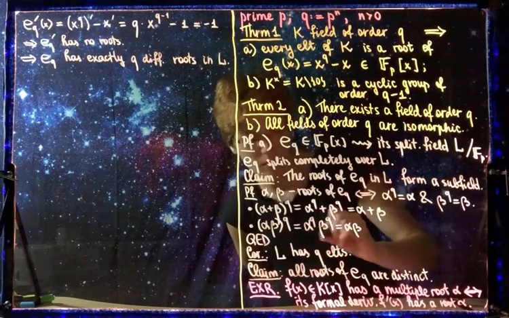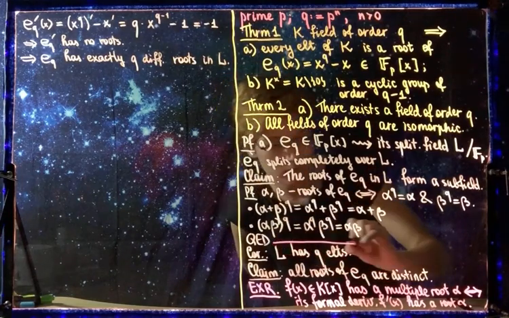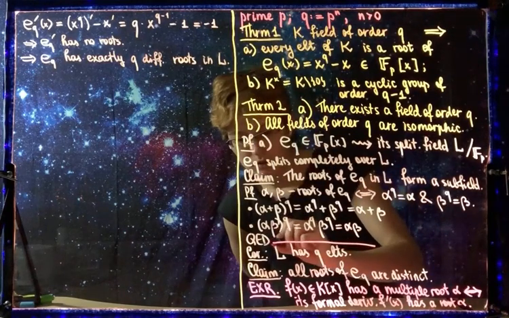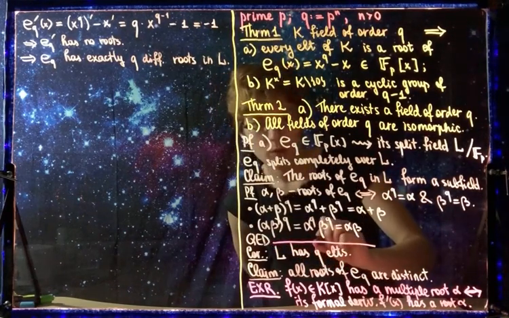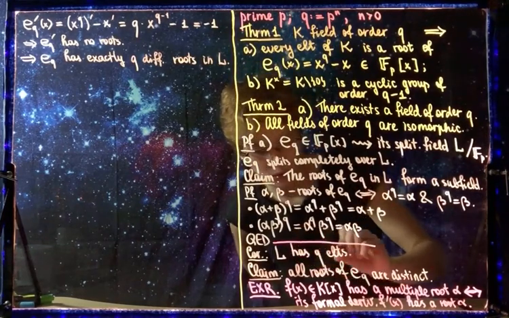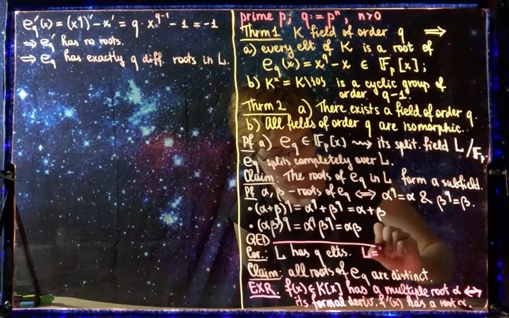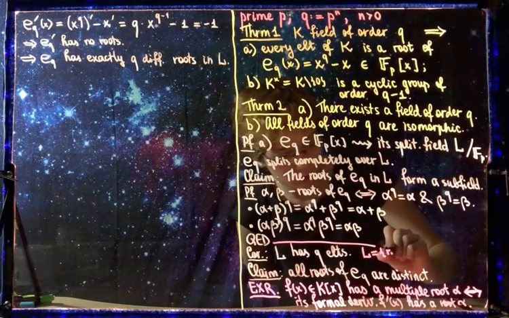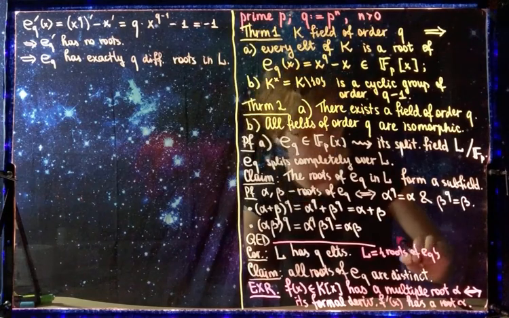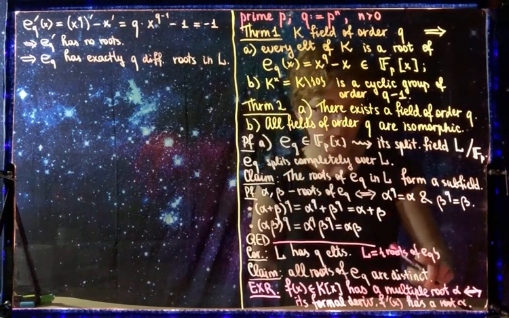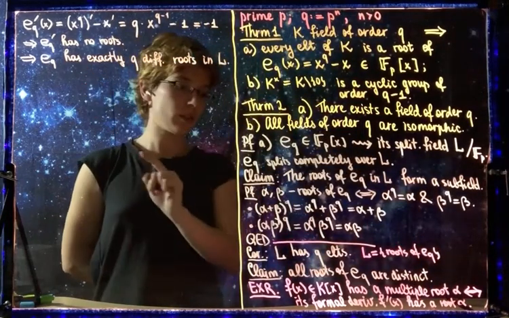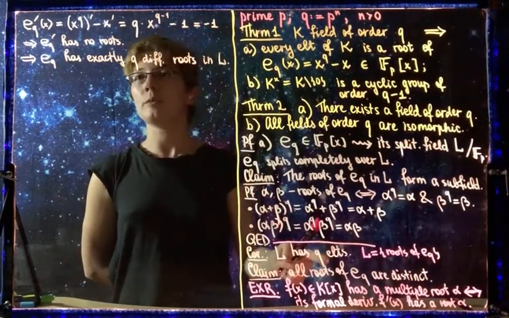So up to this part, we proved that L is equal to exactly the set of roots of E sub q, but we didn't know if E sub q could have less roots than q. And here we proved that L has exactly q elements.